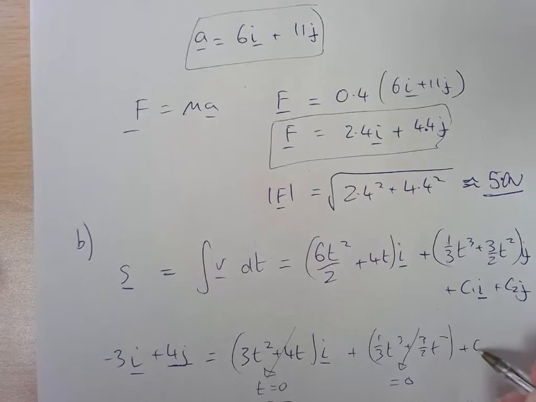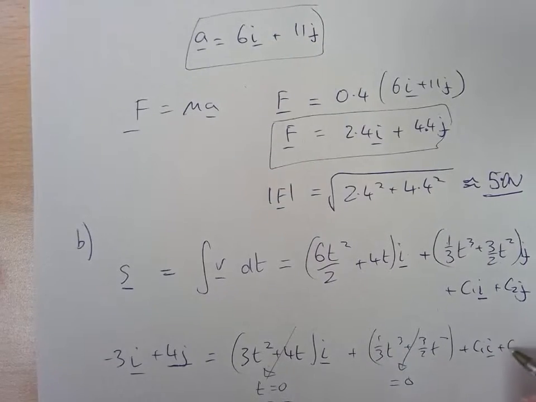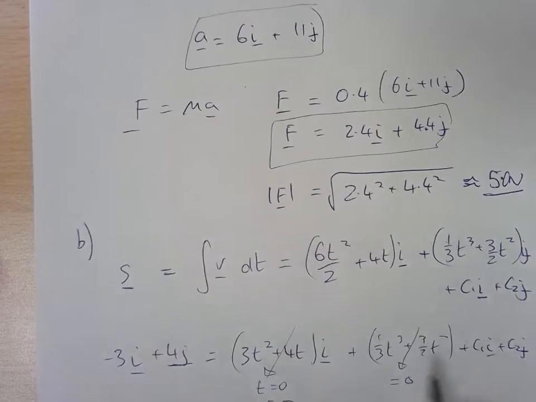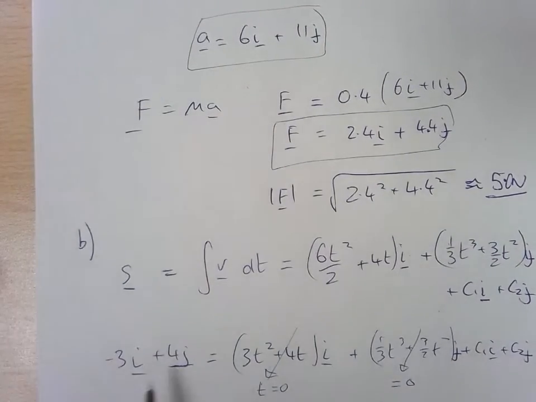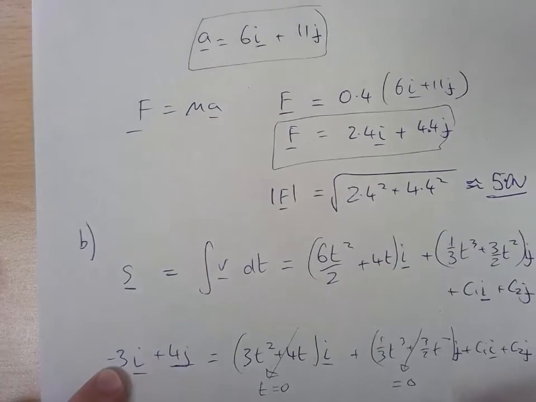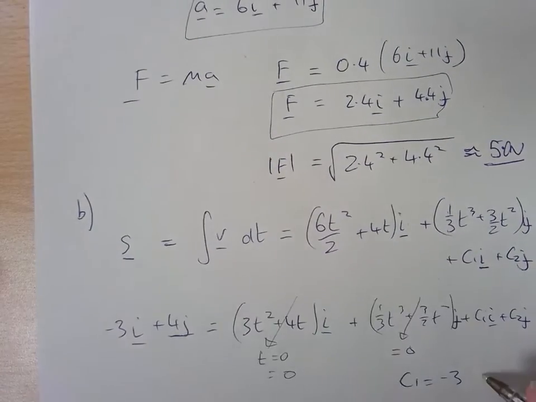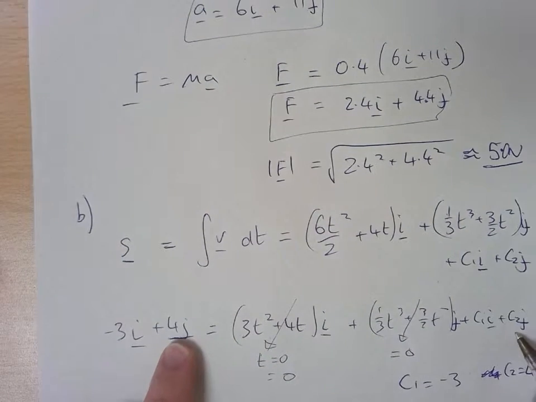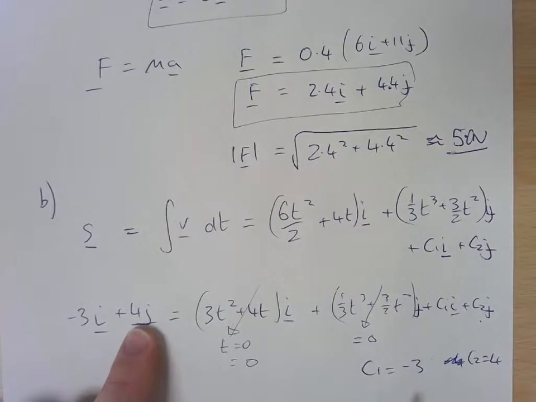We're going to have our c1 i plus our c2 j. Comparing these up, once these are both 0, we get c1 is minus 3, and we get c2 equals 4, because we've got 4j here and c2 j here.